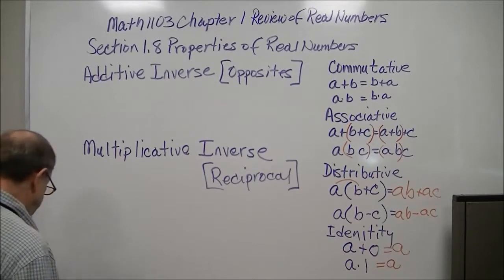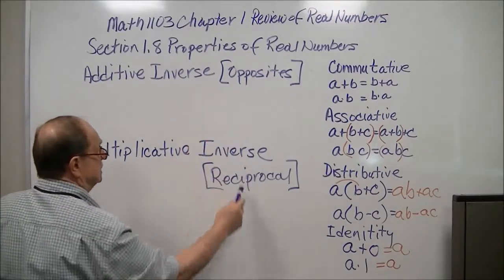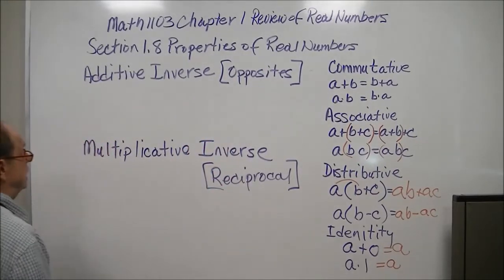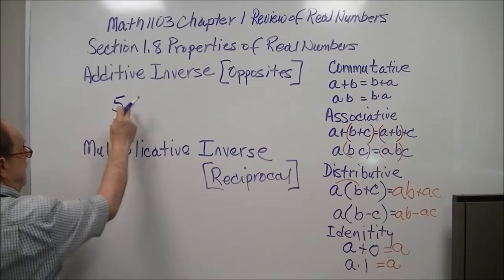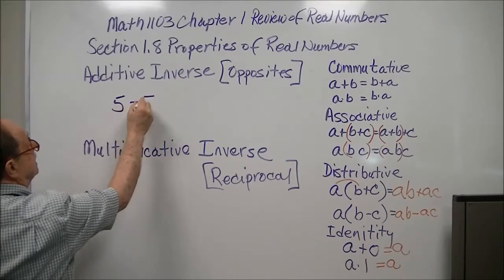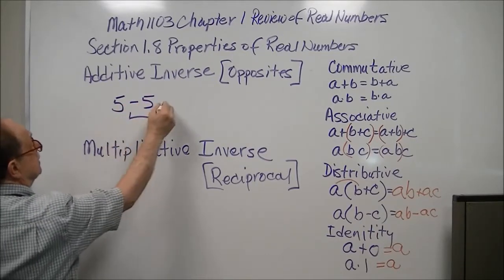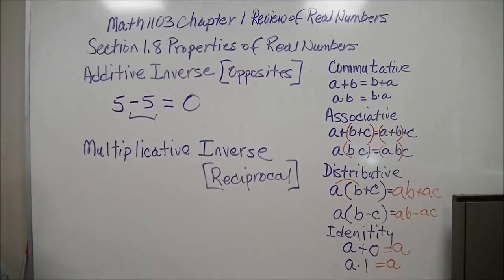Two rules that we had mentioned earlier. The additive inverse, or is sometimes referred to as the opposites. If we have a 5, the additive inverse of 5 would be a negative 5, so that the sum would be 0.